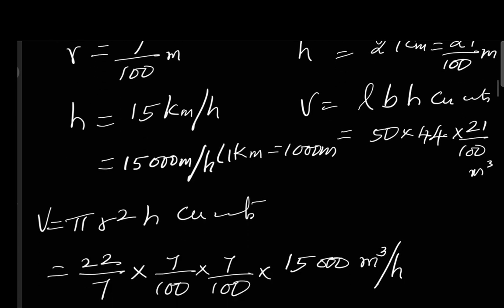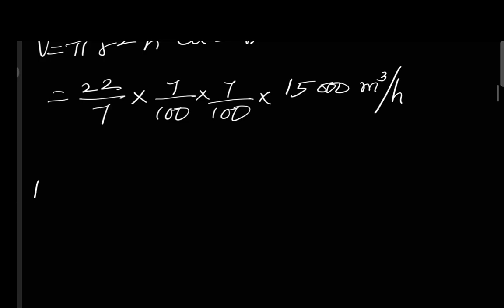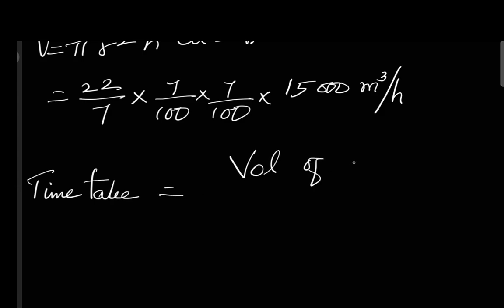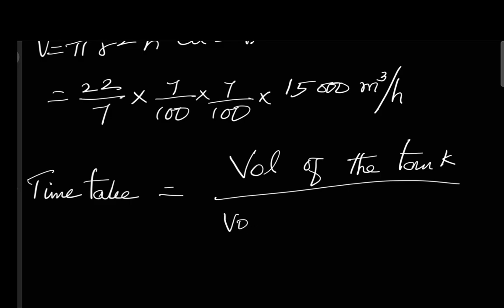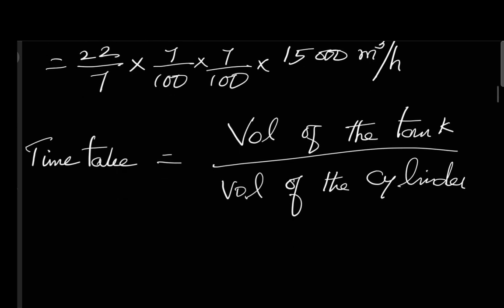Now time taken is equal to, the bigger one is volume of the tank divided by volume of the cylinder, that is, volume of the water that comes out from the cylinder in 1 hour.